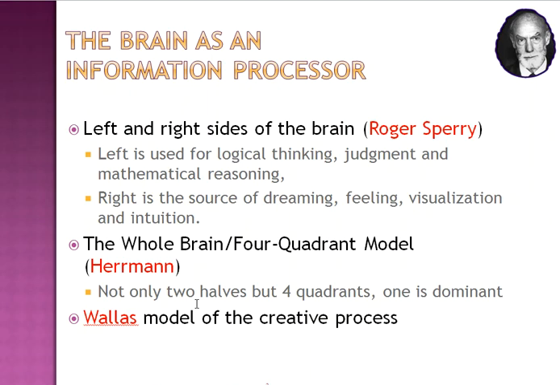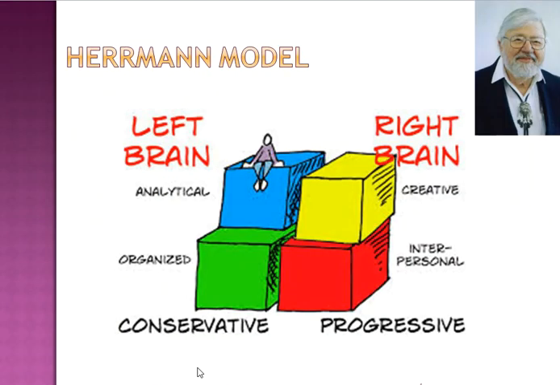Let's see what Herman suggested. Herman suggests that we have an upper half, which is the cerebral, and a lower half, which is the limbic part of the brain, and we have a right half and a left half. So then we have 4 quadrants. He gives colors for them.